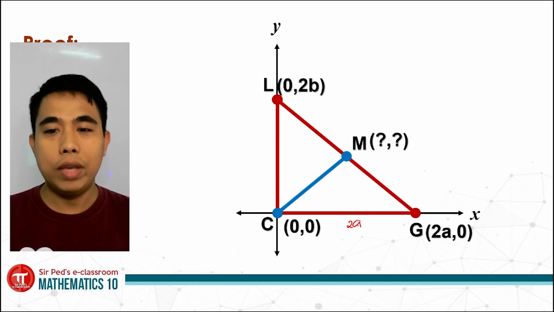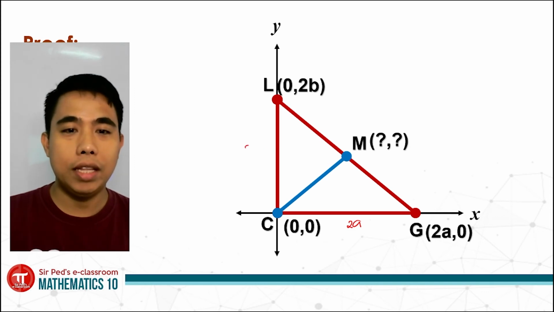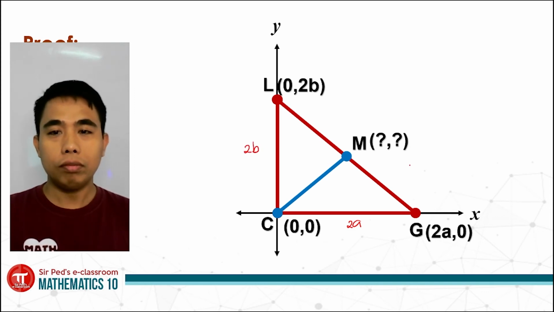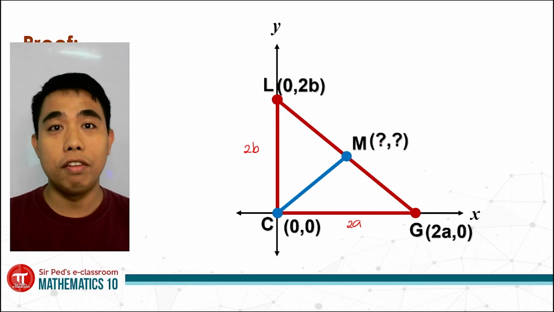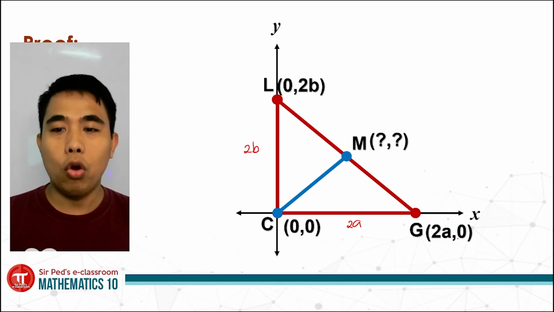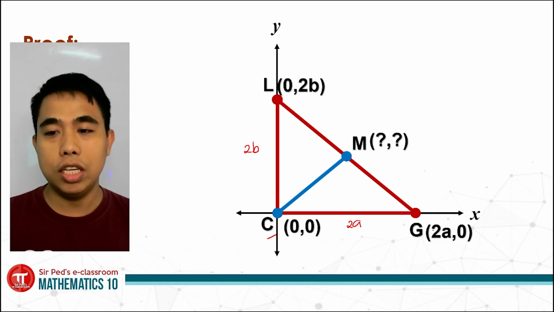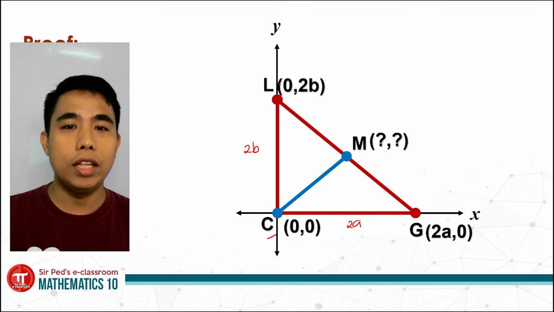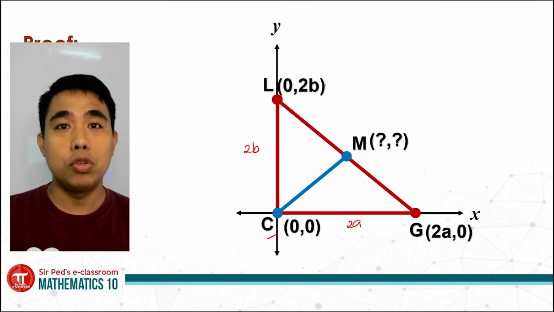That's why we have multiples of 2. Malalaman natin yan later on with the coordinates of M. So, the coordinates of C will be 0, 0. Coordinates of G will be 2a, 0 since it is along the x-axis. The coordinates of L will be 0, 2b.